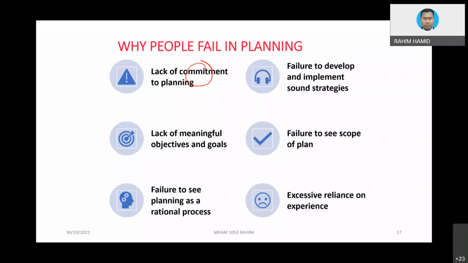So again, this is even more critical because you already won the tender and you are going to use this as the baseline to execute the project, and from then on, your progress will be monitored by the client.